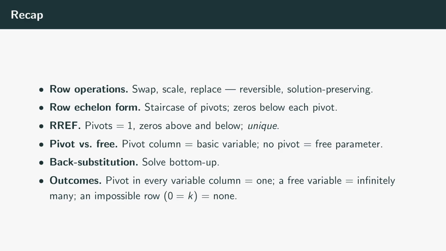Pivot columns give basic variables, columns without a pivot give free variables, which become parameters. We read the answer by back-substitution, working from the bottom up. And the outcome count is automatic. A pivot in every variable column gives one solution, a free variable gives infinitely many, and an impossible row reading 0 equals a non-zero number means no solution.